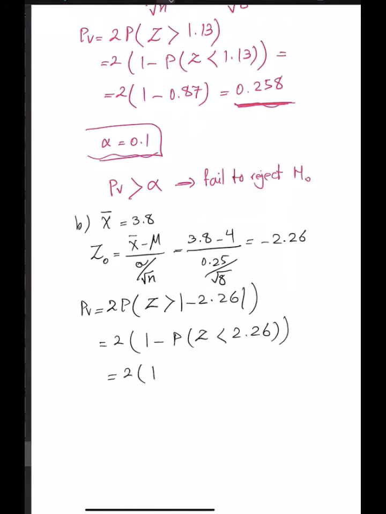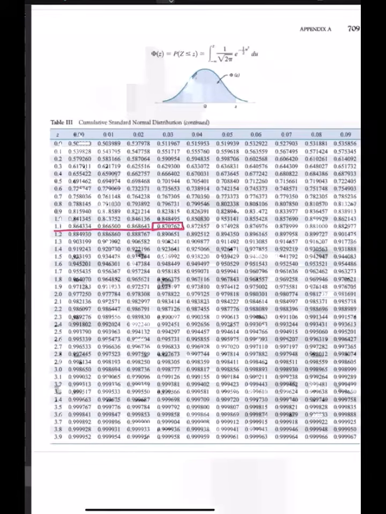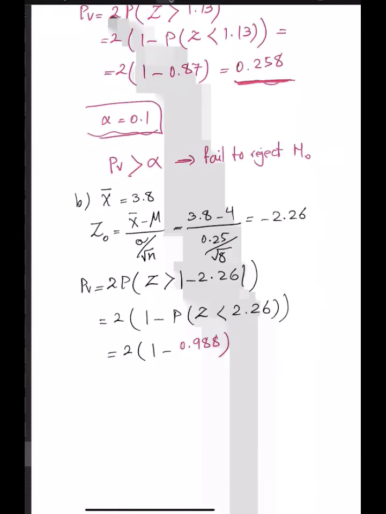So the probability of z less than 2.26, that's going to be here, is 0.988. And when we do the calculation, it's going to be something close to 0.023. So that's going to be our p-value.